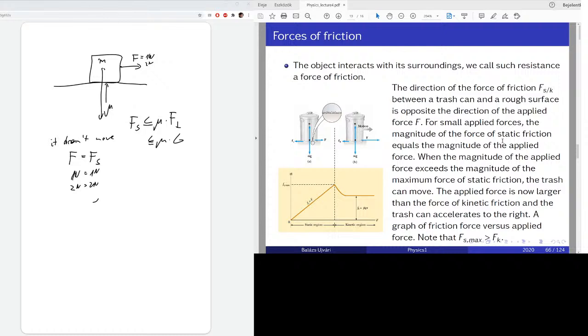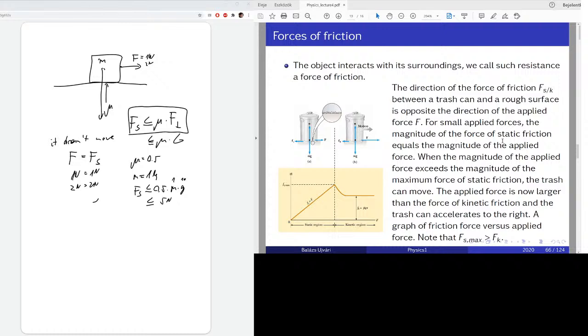So let's play with numbers. Mu equals 0.5 and the mass of the body is 1 kilogram. In this case, Fs is smaller or equal than 0.5 times m times g, and g is 10, so it's smaller or equal than 5 Newton.